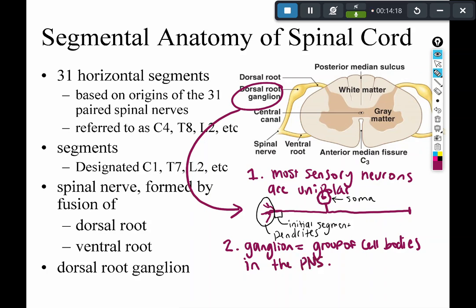It doesn't make sense to position your cell somata, which is the plural of bodies, all up and down a nerve. You kind of all want to put them in the same place. So they get centralized, and that centralized location is a ganglion. So that means that what's in here is just lots of these all together.